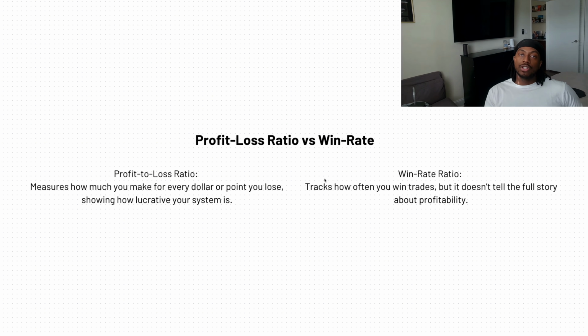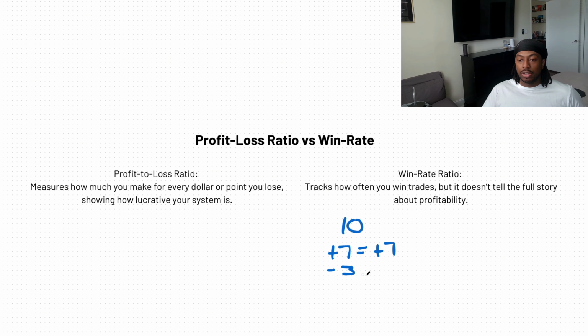But what if every trade that I win is $1, but every trade that I lose is $3? That means out of 10 trades, I'm going to win seven of them, and I'm going to lose three of them guaranteed, right? But each trade that I win, I only make $1, which means I only made $7.